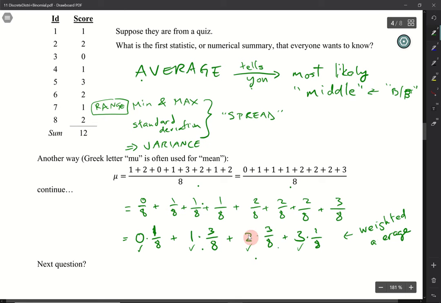Meanwhile, the value 2 happened 3 times, and then we divide by 8. And the last, highest value happened 1 time, just like the 0 happened 1 time. And so when you take the possible outcomes, really we're adding up the possible outcomes times the probability. That's the weighted average.